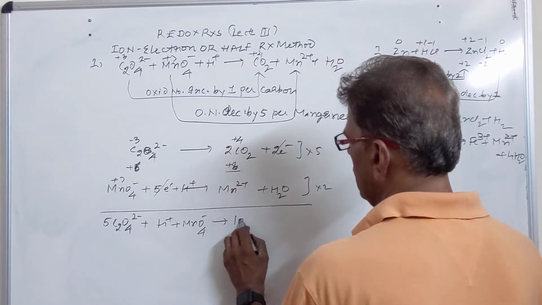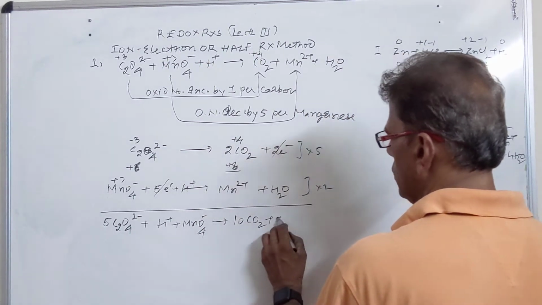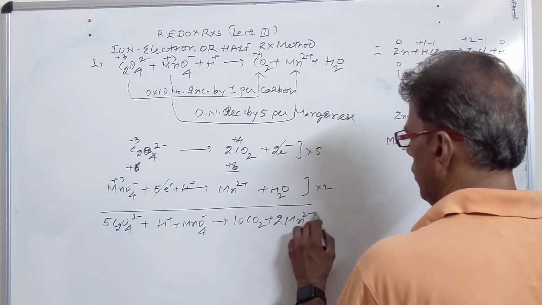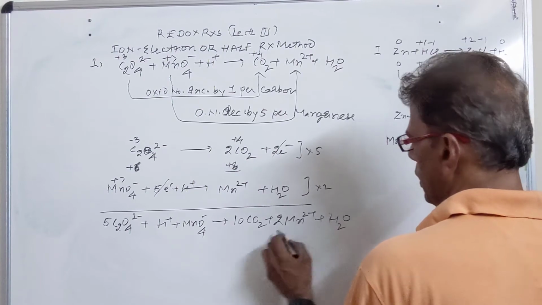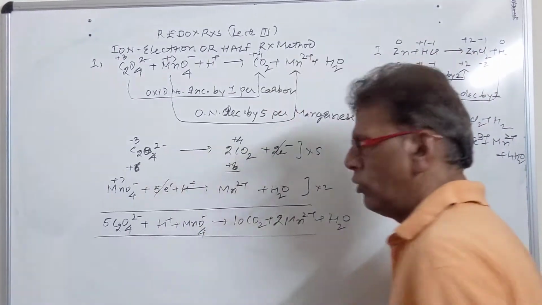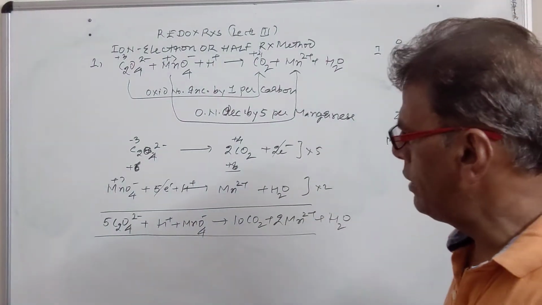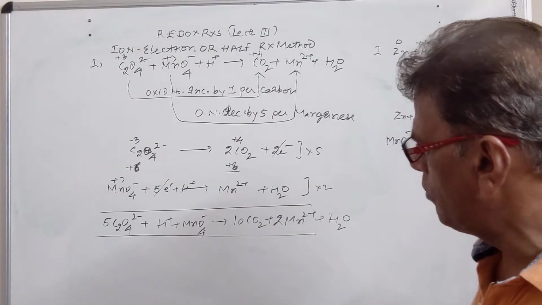We have 10 CO2 plus 2 Mn2 positive plus water, that is 4H2O. That will be balanced later on. So now the charges in the half reactions are being balanced.